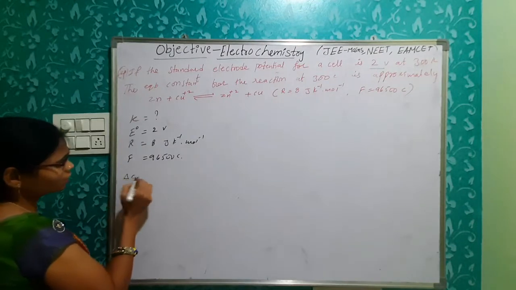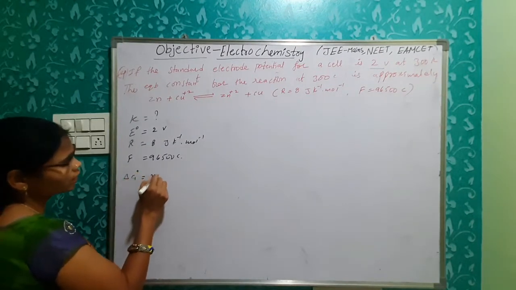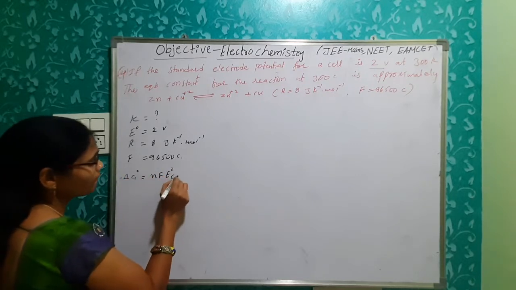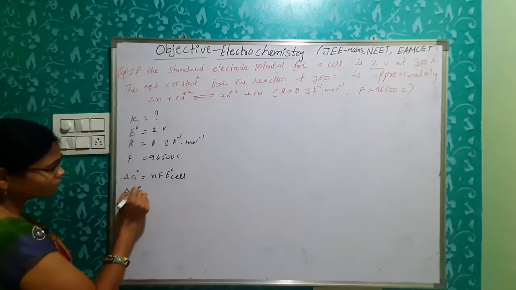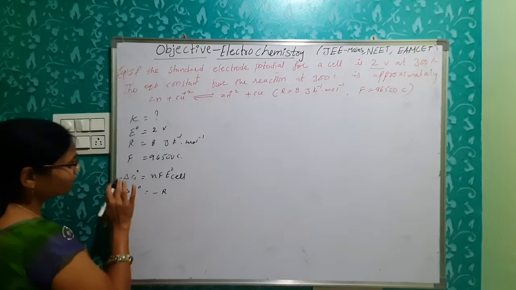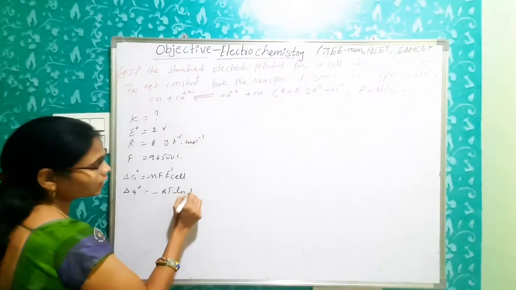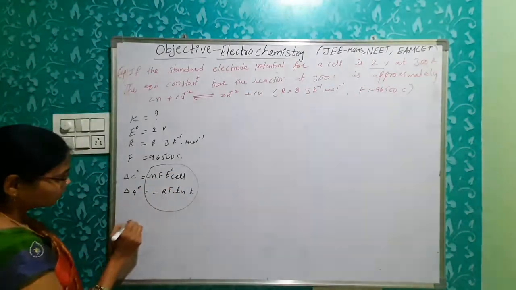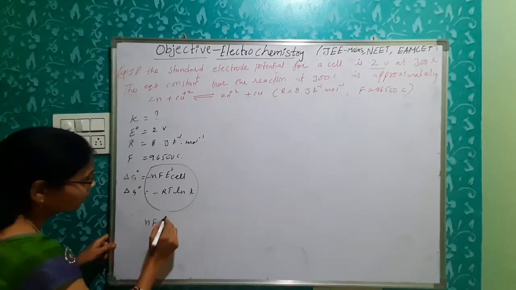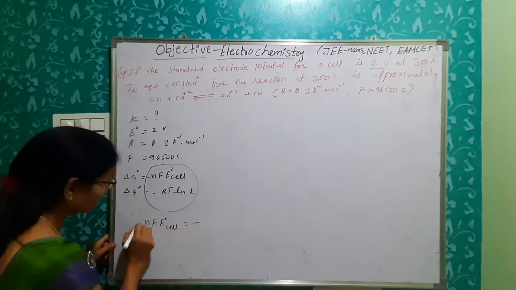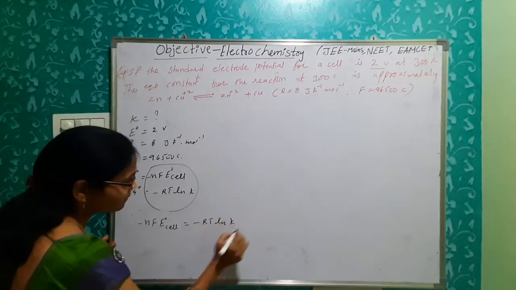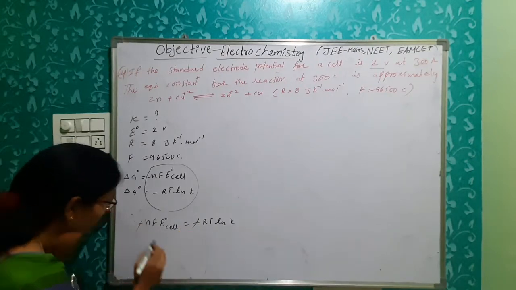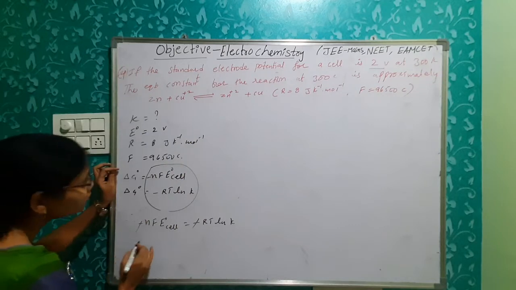So what is the relation? Delta G naught is equal to minus nF E naught cell, and delta G naught is also equal to minus RT ln K. So both are equal: nF E cell is equal to RT ln K, and the minus signs cancel. n is the number of moles of electrons, 2.